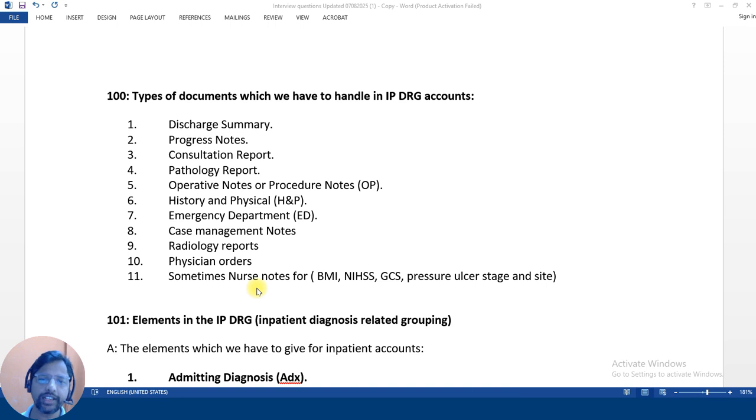Sometimes we may use nurses notes for BMI, NIHSS, GCS, pressure ulcer stage and site. Basically, if you want to code any inpatient chart, these are the mandatory documents you need to check before coding.